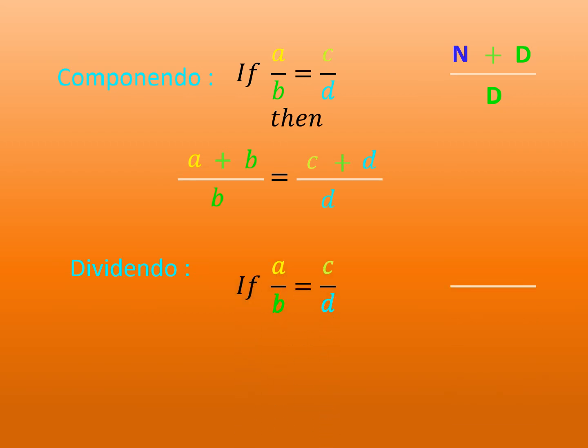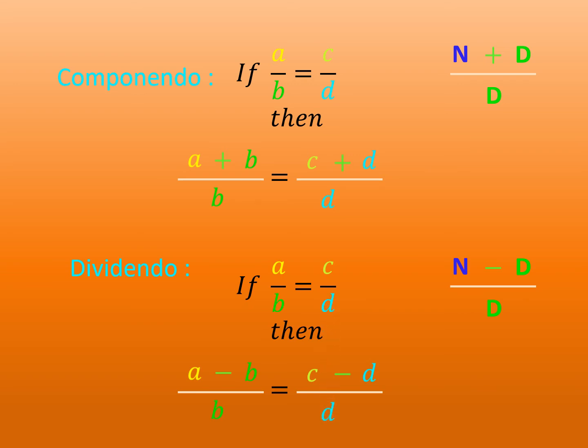Dividendo: a upon b equals c upon d, only a negative sign comes. Numerator minus denominator upon denominator. So what will we get? Numerator a minus denominator b upon denominator b equals, on the right side, again numerator minus denominator upon denominator.